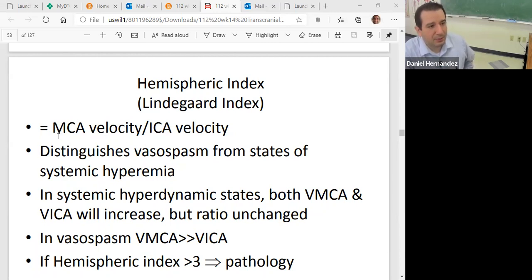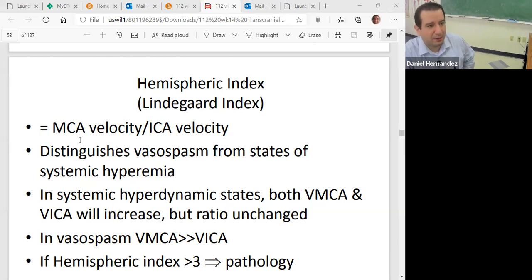So this will help to distinguish between vasospasm and states of systemic hyperemia, or states where we have a global increase in the velocity of blood flow. In systemic hyperdynamic states, both the middle cerebral velocity and the internal carotid velocities will be increased, thus there'll be no change to that ratio.